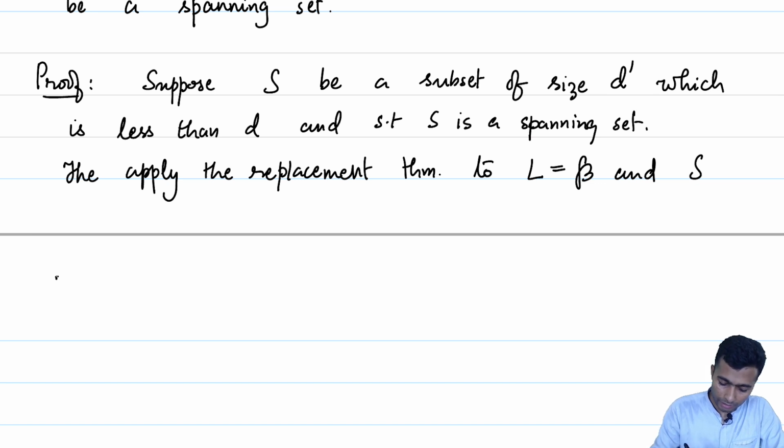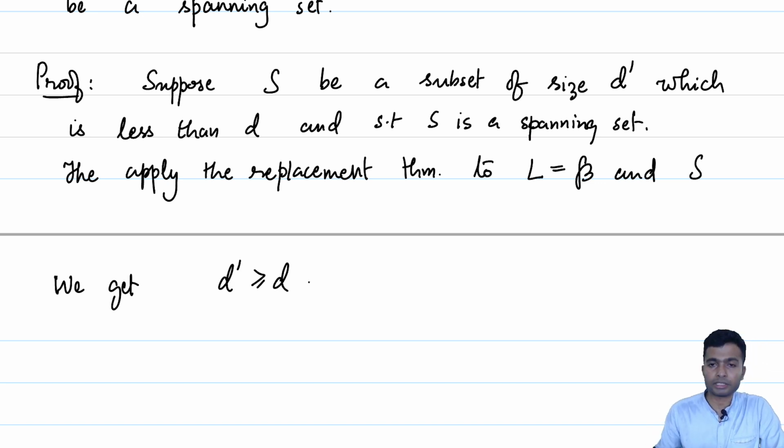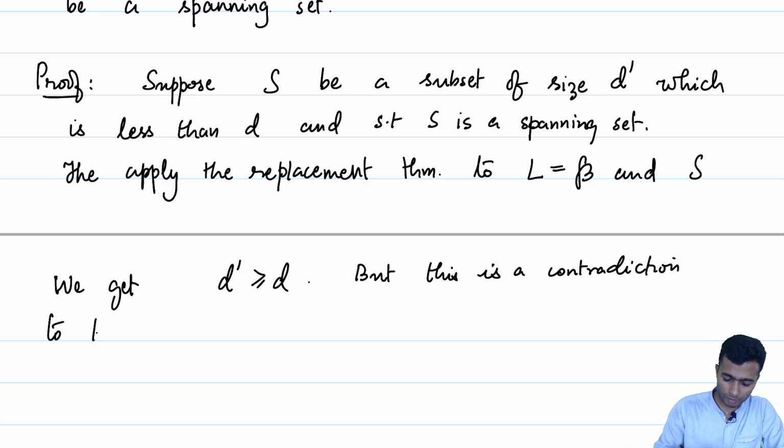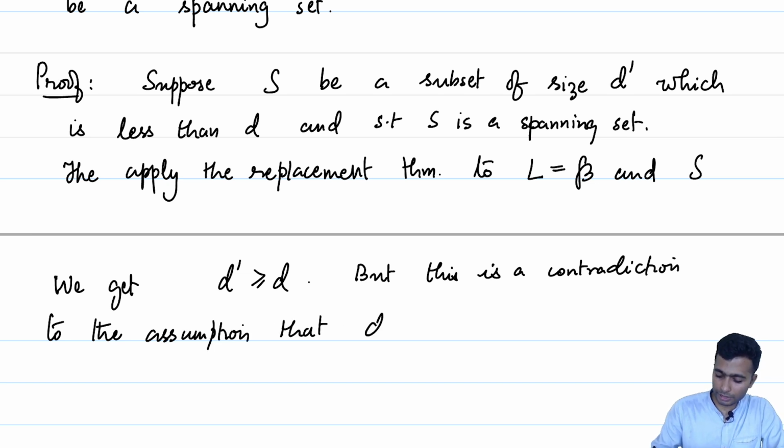Then we get by the replacement theorem D prime should be greater than or equal to D. But that is a contradiction to the assumption that D prime is strictly less than D.